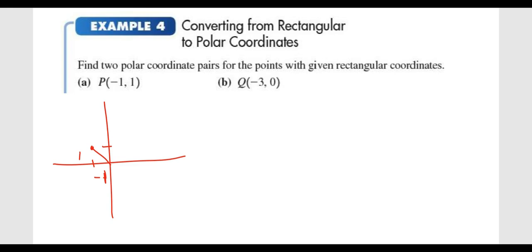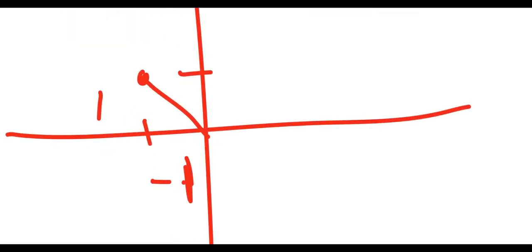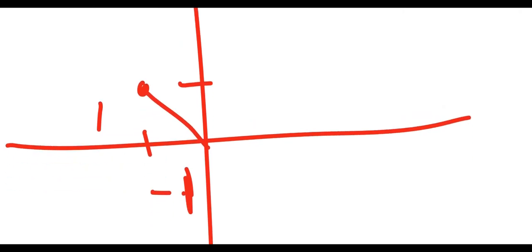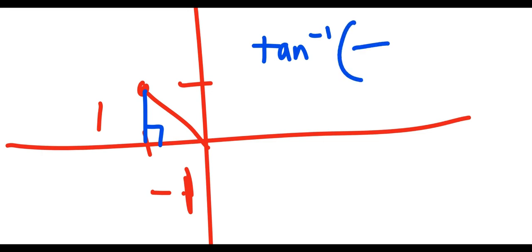Now, remember what you have here. You have a right triangle. So we can do the inverse tangent of opposite over adjacent. Right? We could say theta's down here.